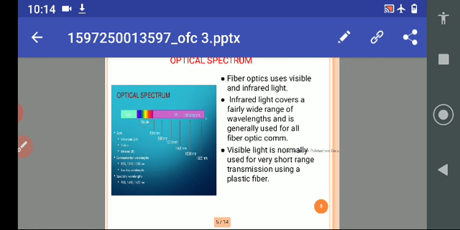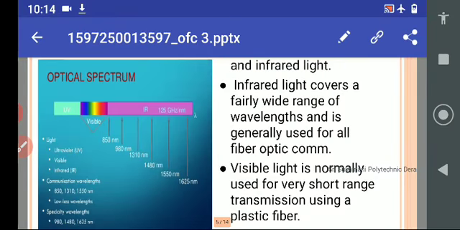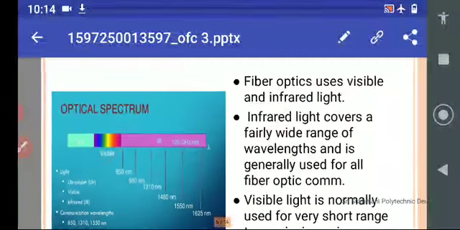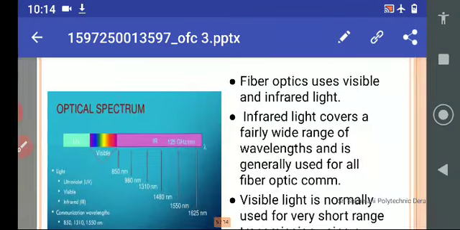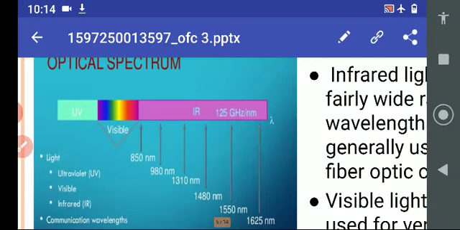So this is a view of optical spectrum. This optical spectrum, as it is clearly shown, has different wavelength ranges. So ultraviolet, then visible region, then IR region. IR means infrared region.